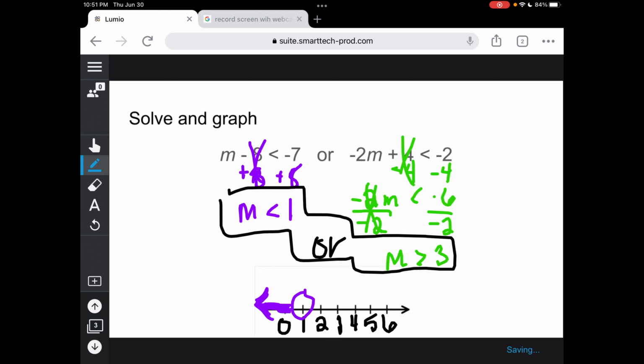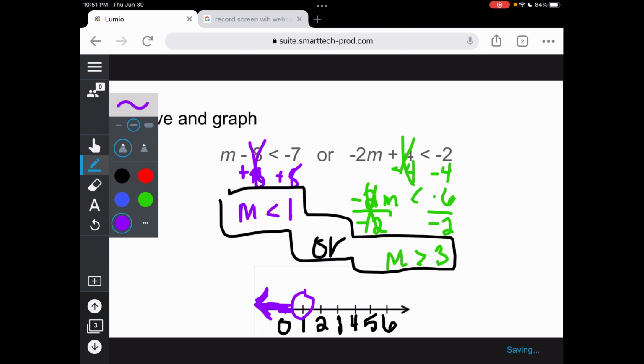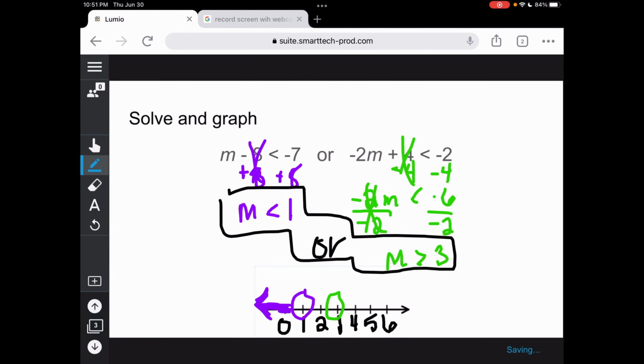Put a big arrow there, like so. Do the same thing with the green guy. Put a circle there at 3. Don't fill it in. m is greater than 3, so I want all the numbers bigger than 3, like 4, 5, 6, and positive infinity. And that's my answer.